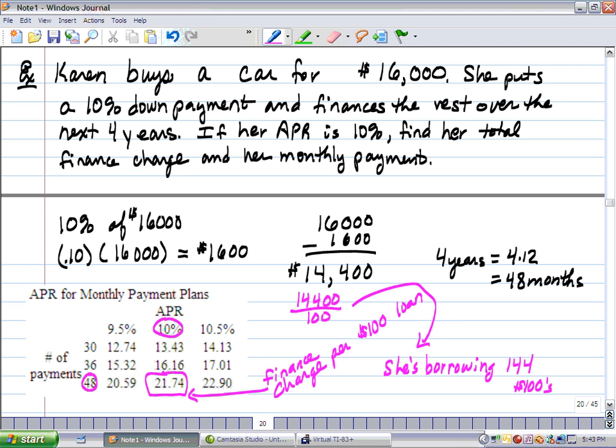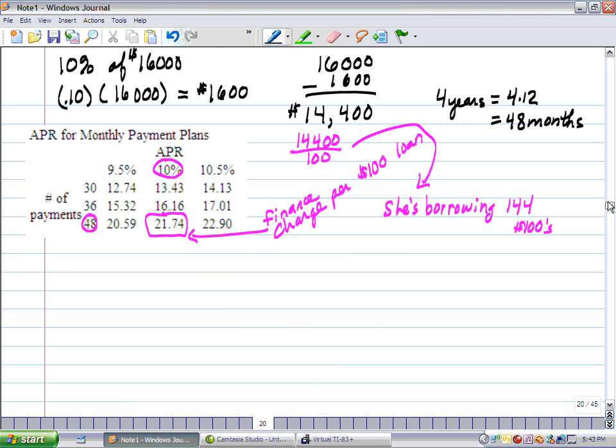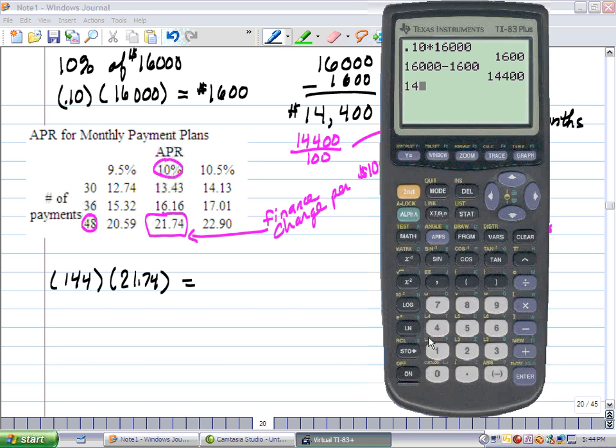How many of them is she getting? 144. For each one of those, she's paying $21.74. So we need to take the $21.74 and multiply it by the 144. So 144, I'm going to do it in a calculator, so let's write it out this way. 144 times 21.74, and that's going to give us a total finance charge.